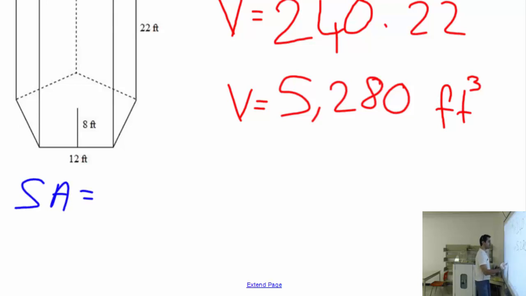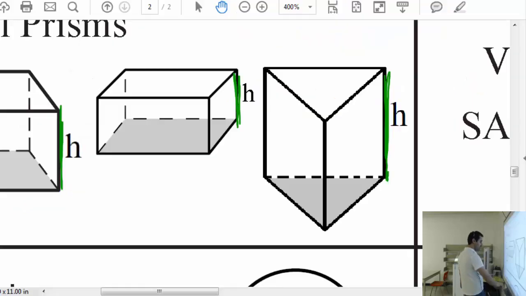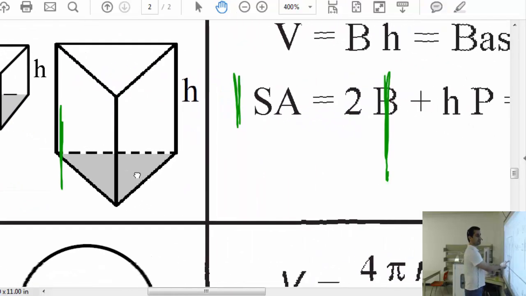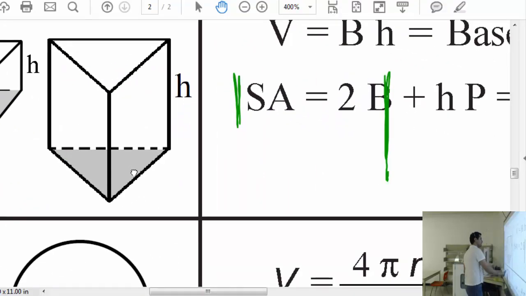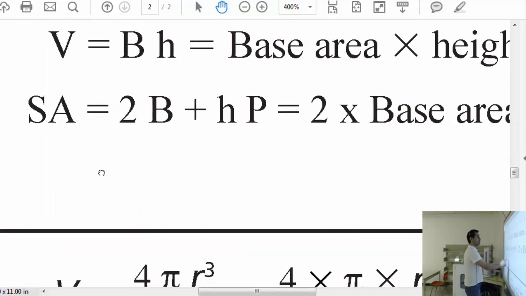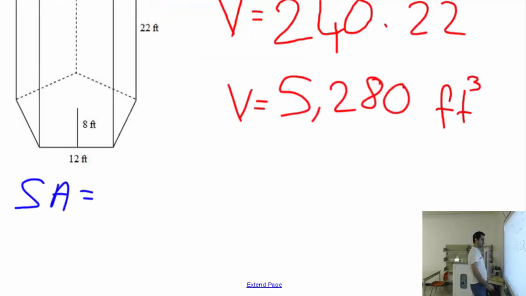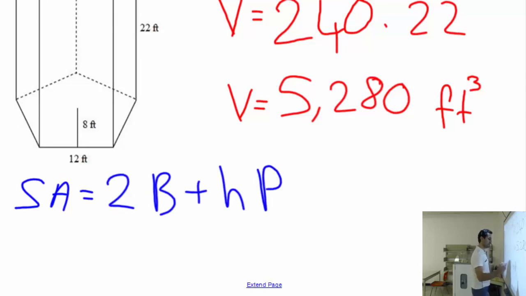Surface area equals, I forgot the formula for the surface area, which is 2B plus HP. 2B plus HP.